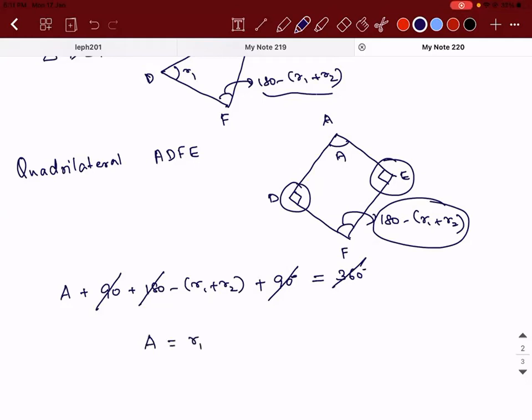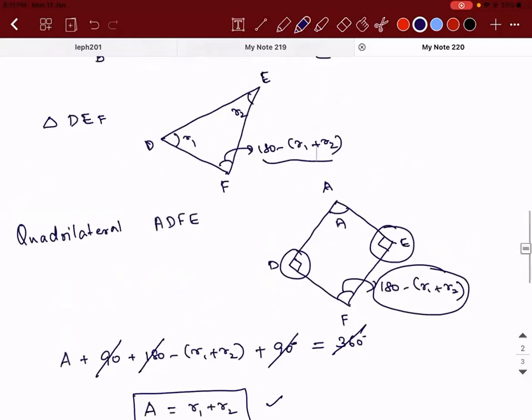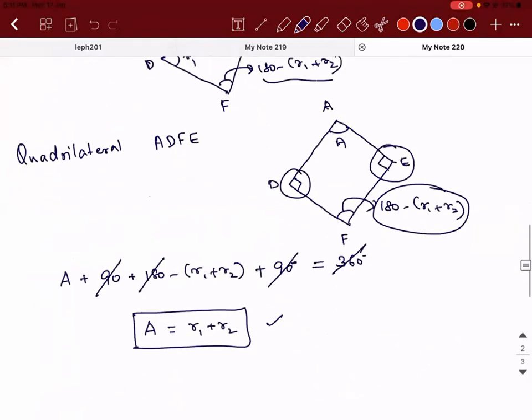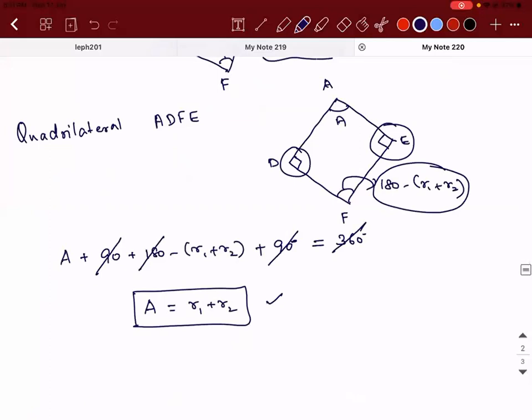So A will be equal to R1 plus R2. Okay. So the relation between the angle of prism and the two refracting angles within the prism is this. Angle of prism is equal to the sum of the angles of refraction, R1 plus R2. Okay. Make a note.